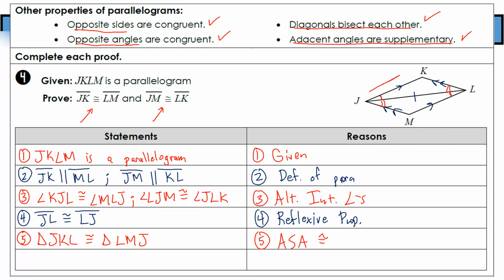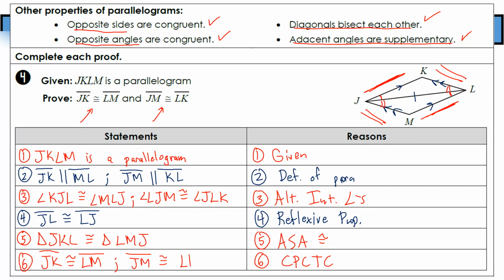We are trying to establish that JK is congruent to ML and that JM over here is congruent to KL. We know those are congruent because of CPCTC. Corresponding parts of congruent triangles are congruent. So we can say that JK is congruent to LM and JM is congruent to LK because of CPCTC.